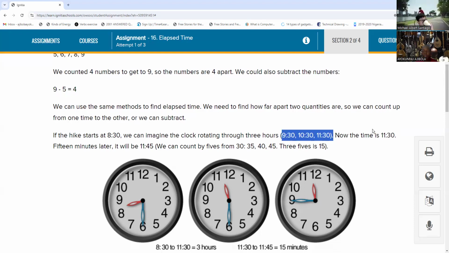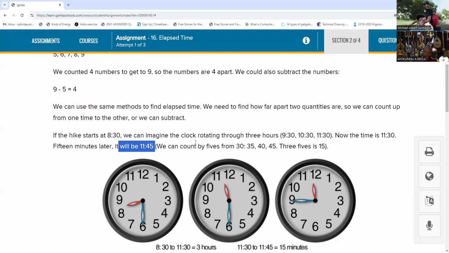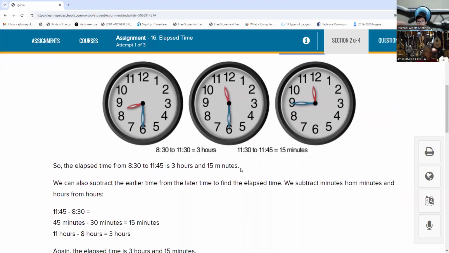Okay. Then now it's 11:30, then 15 minutes later will be 45. So with that, we have three fives in 15. So that makes 45 minutes.